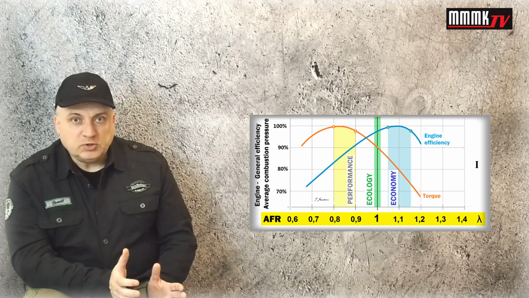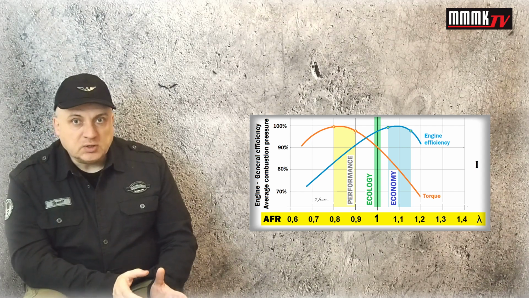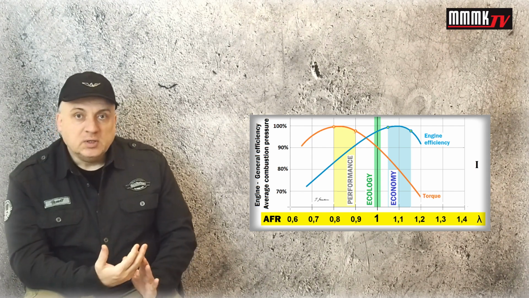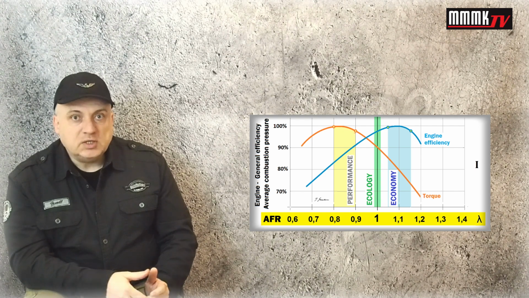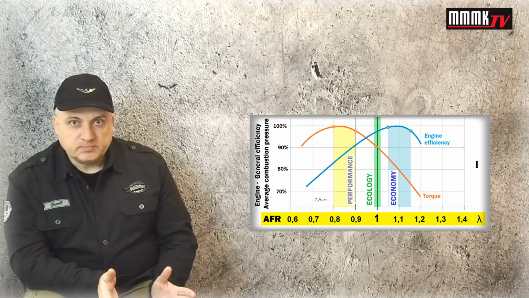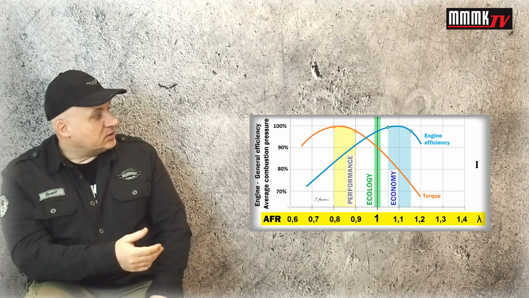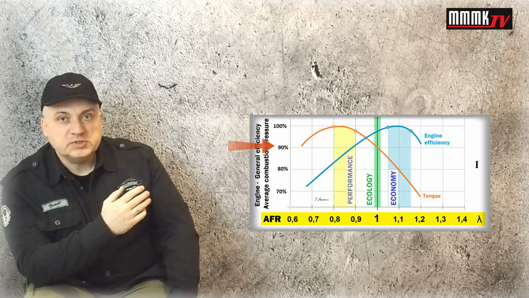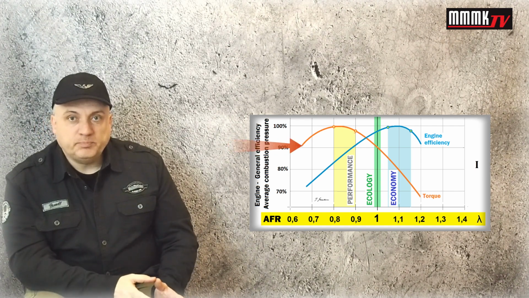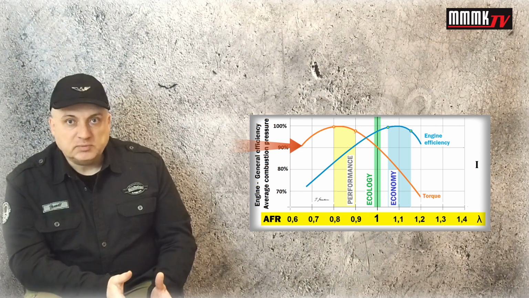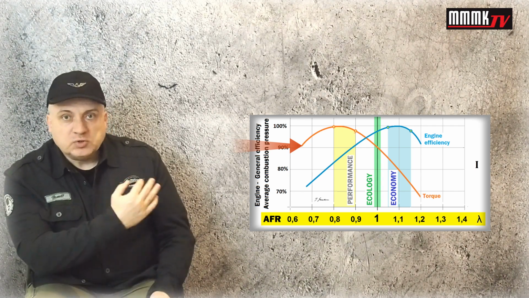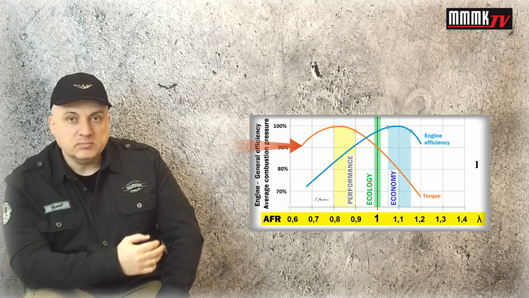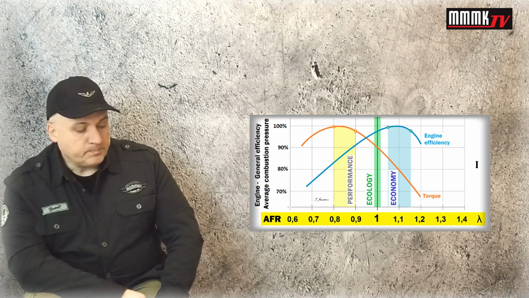A perfect mixture means that every single oxygen particle takes part in the combustion process, as well as every single particle of the gasoline. Look at this diagram. The orange curve represents average combustion pressure, which also directly represents torque, a torque that we can measure on the dyno.